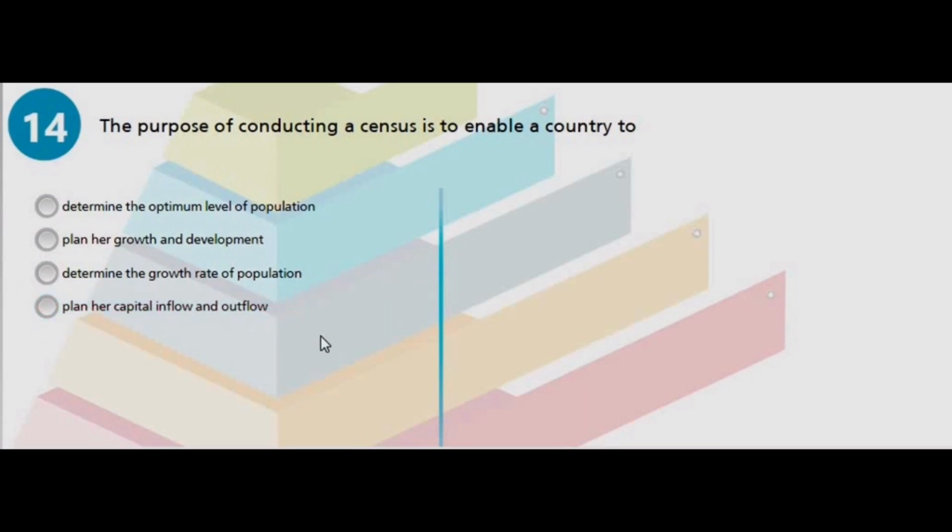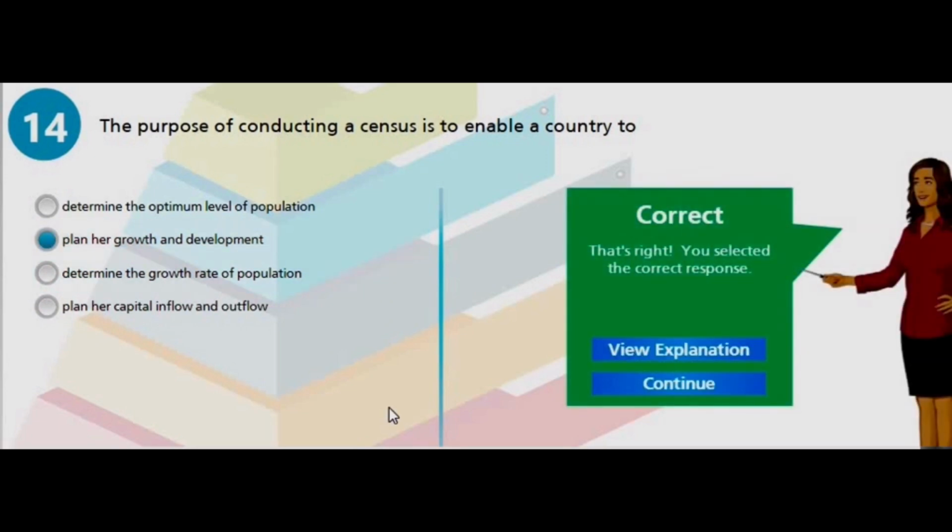The right answer here should be to plan our growth and development, B. Why I picked B? I want you to know that there are advantages and purposes for carrying out population census, one of which is to enable a country to plan our growth and development. This option I picked, B, is the main purpose for carrying out population census.